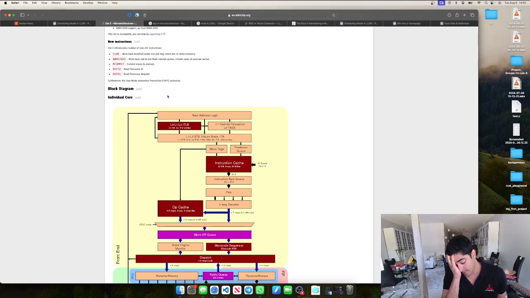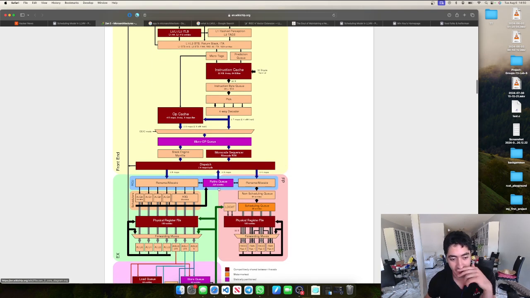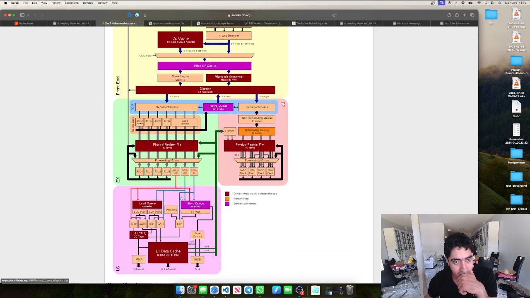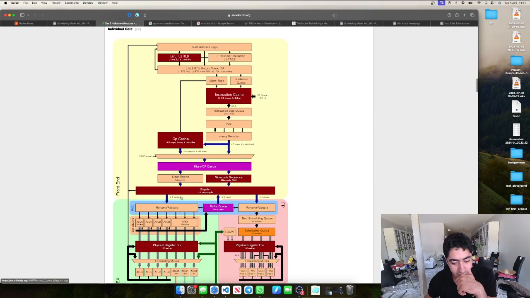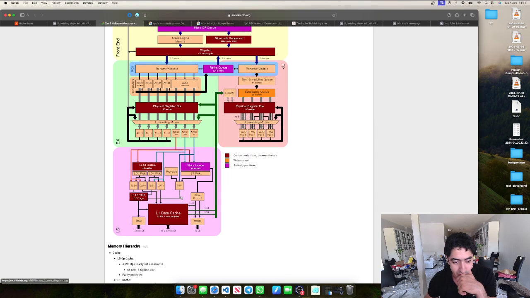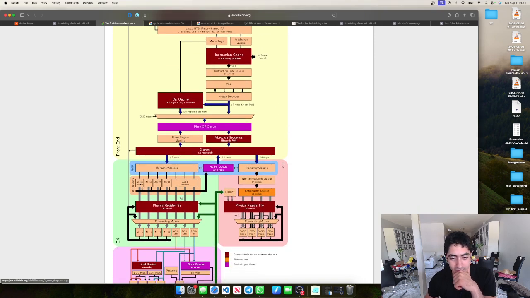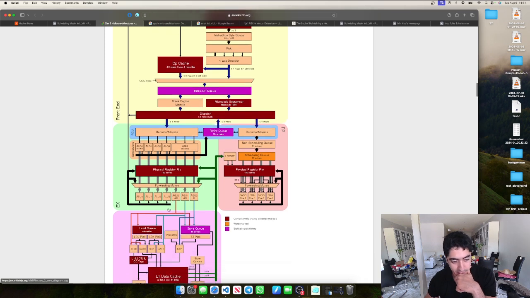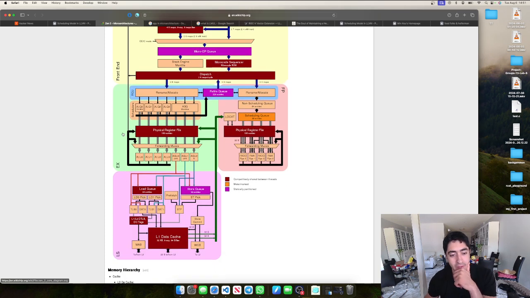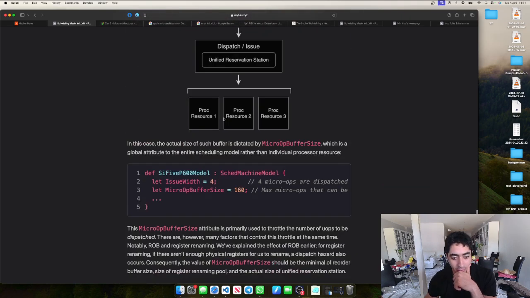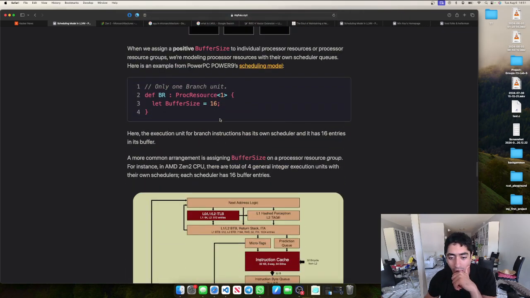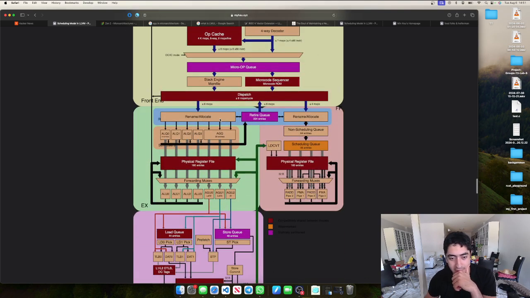So the guy said he has 16 buffers for 4 integer units, and so where are the integer units in this? This is 4, but that's your ALU, isn't it? And then it said 16 buffer units.